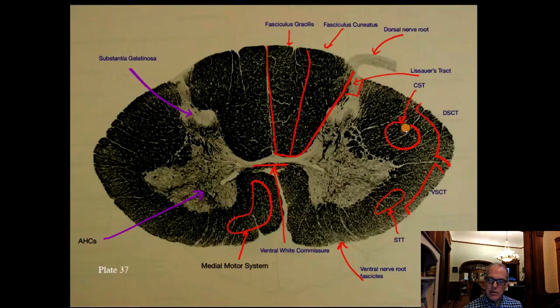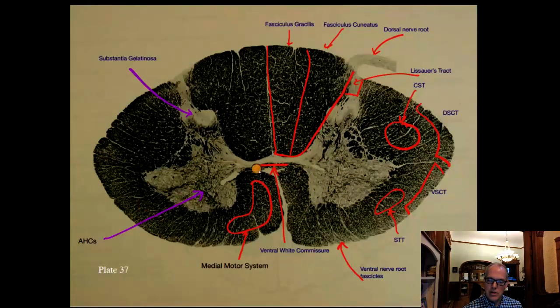All right, but out lateral, we still see the corticospinal tract, spinothalamic tract, dorsal and ventral spinocerebellar tract, still our dorsal nerve root, Lissauer's tract, substantia gelatinosa, ventral white commissure, and then again moving out here to the spinothalamic tract.